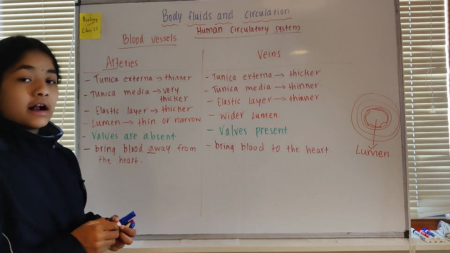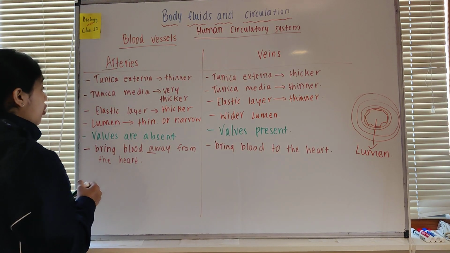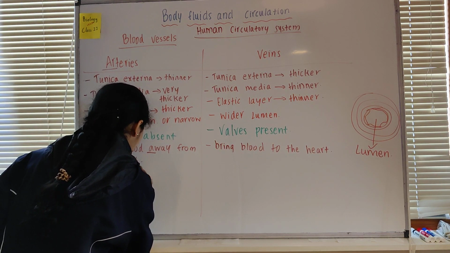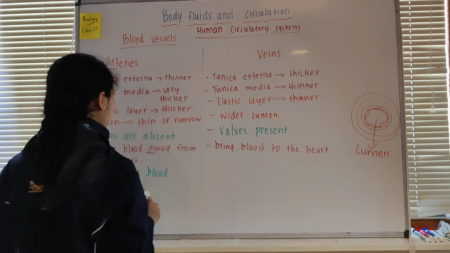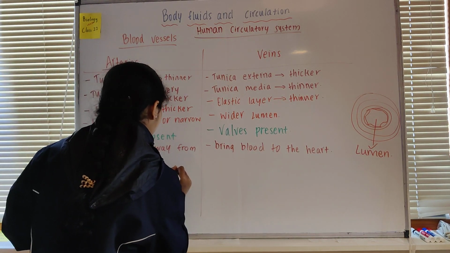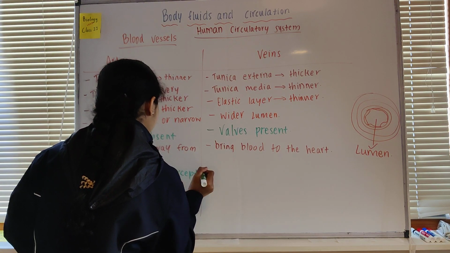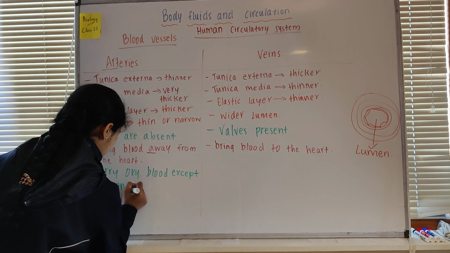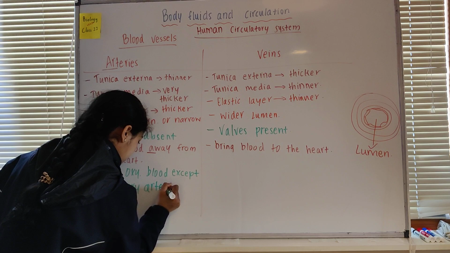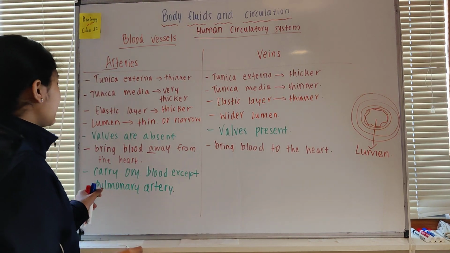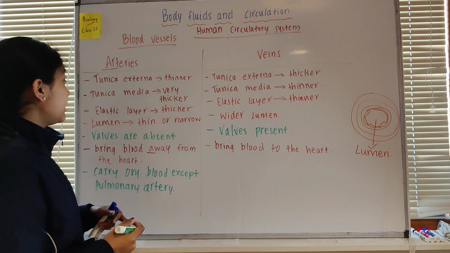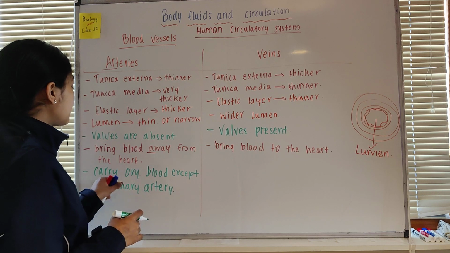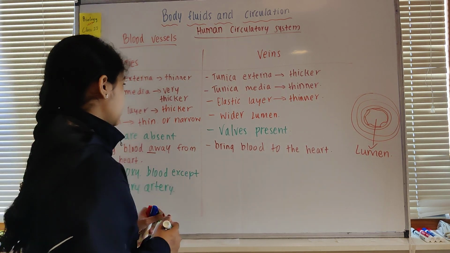Now, arteries carry oxygenated blood, except there is one artery which carries deoxygenated blood, and that is the pulmonary artery. The pulmonary artery carries deoxygenated blood away from the heart. So it does the function of arteries, but the only thing is that it carries deoxygenated blood.